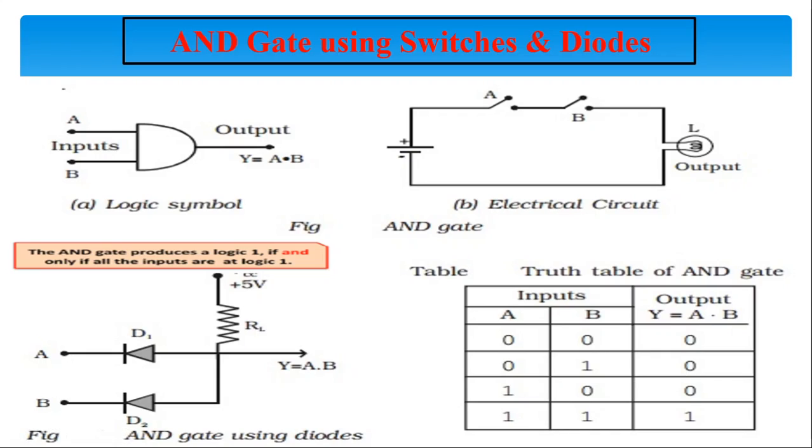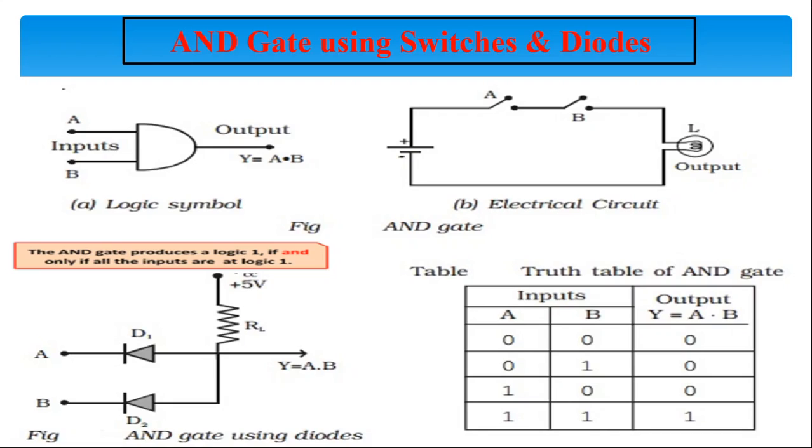Then the third case is A equal to 1 and B equal to 0. In this case, if A is high and B is low, the diode D1 becomes reverse biased and hence acts as an open switch. At the same time, diode D2 becomes forward biased.